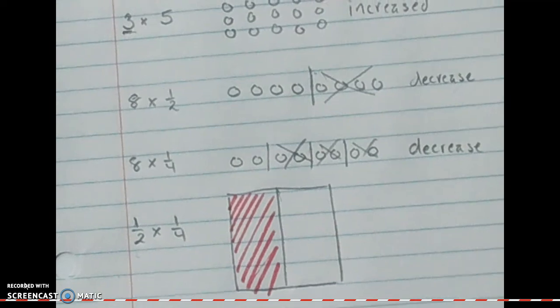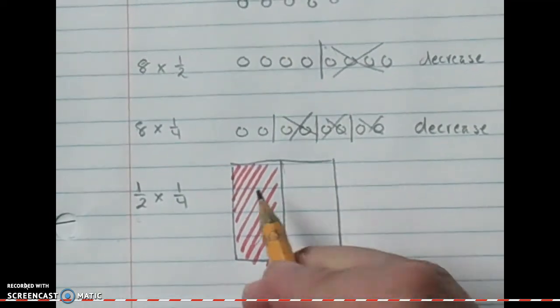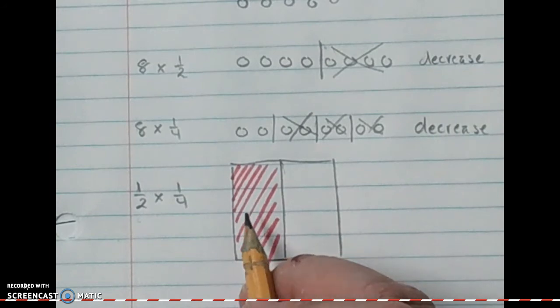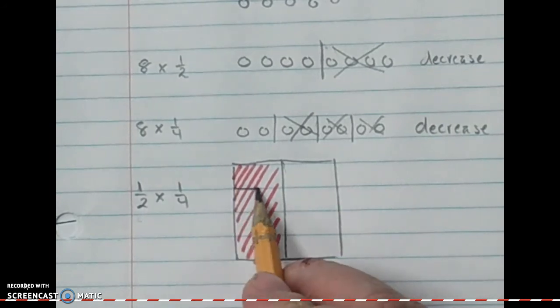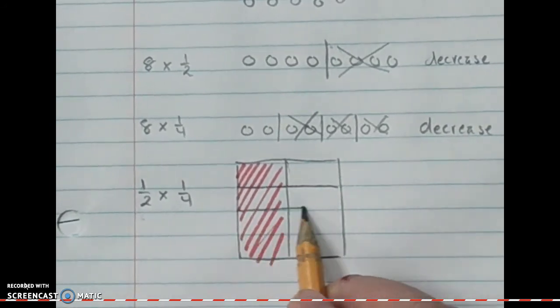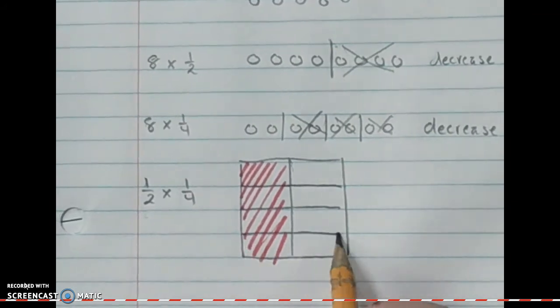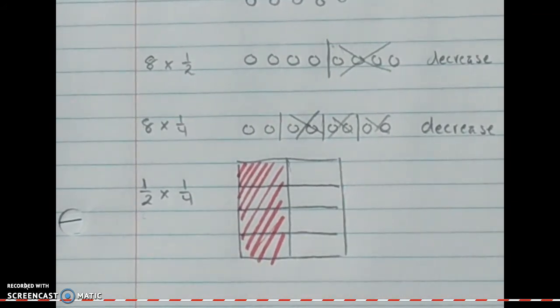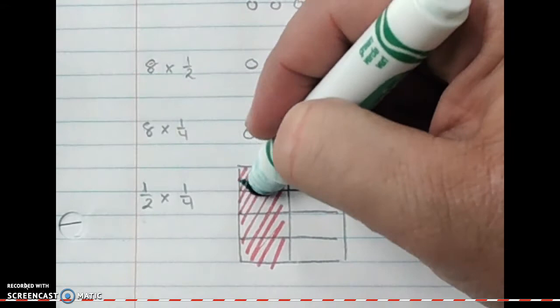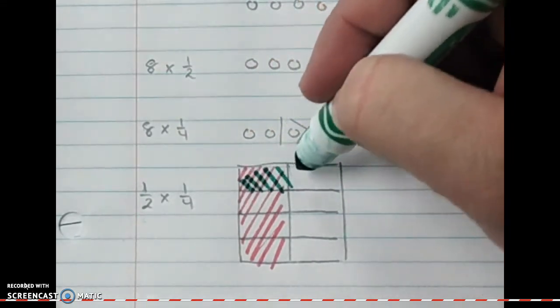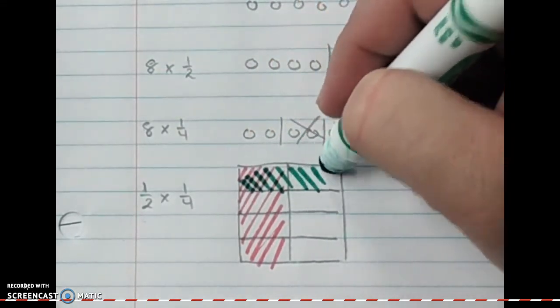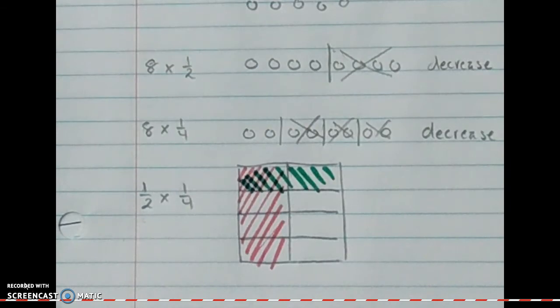The second fraction is going to be horizontal, so I'm going to divide my box into fourths going horizontally. And how many of those rows am I going to shade? Okay.